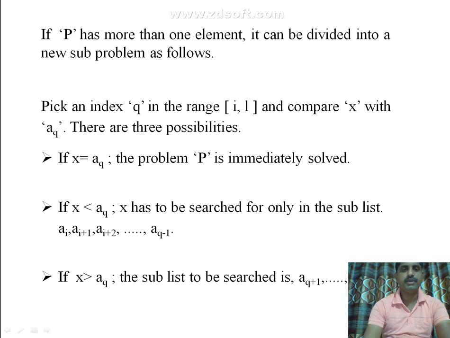Pick an index q in the range i to l and compare x with a[q]. There are three possibilities. If x = a[q], the problem is immediately solved. If x < a[q], x has to be searched for only in the sublist a_i, a_i+1, a_i+2, ..., a_q-1. If x > a[q], the sublist to be searched is a_q+1, ..., a_l.